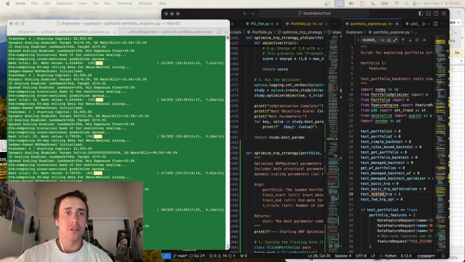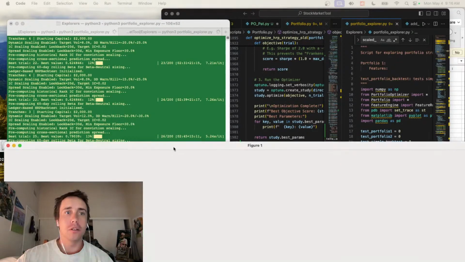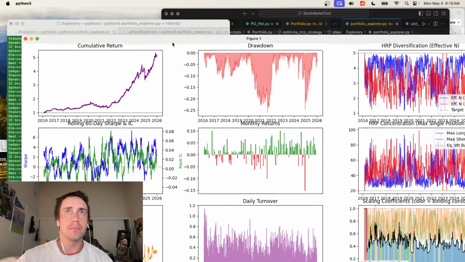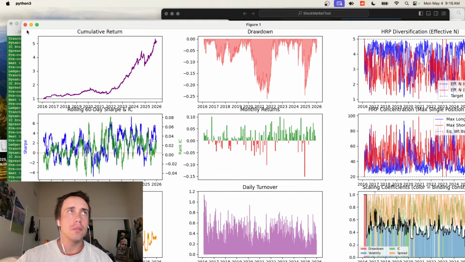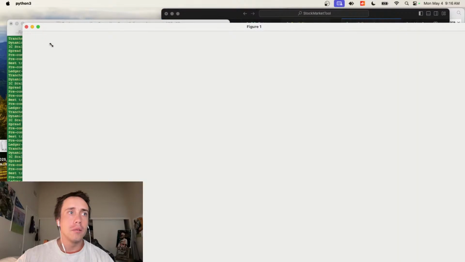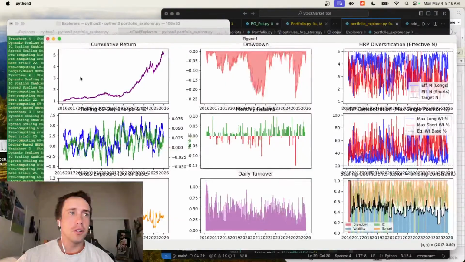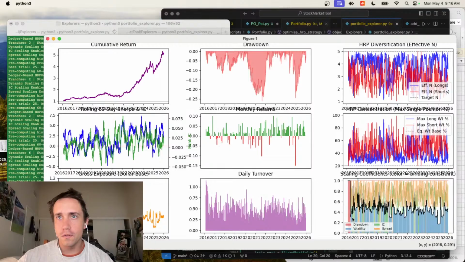Okay, here are the results. These actually are looking way better than I thought they would. But here all it's doing is keeping the exposure low. So volatility, information coefficient, yeah.